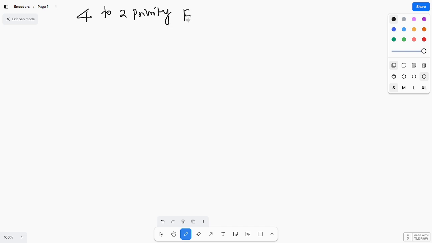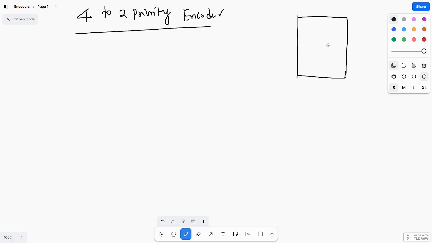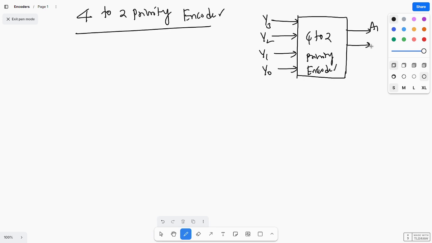If you see the block diagram of the 4 to 2 priority encoder, 4 inputs are there, y3, y2, y1 and y0, and 2 outputs are there, a1 and a0, and one valid output, that is v.